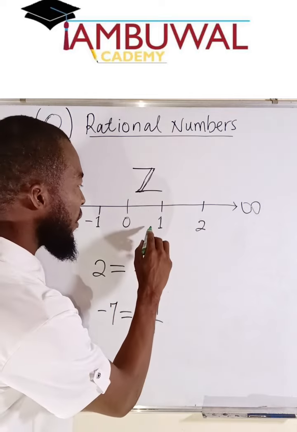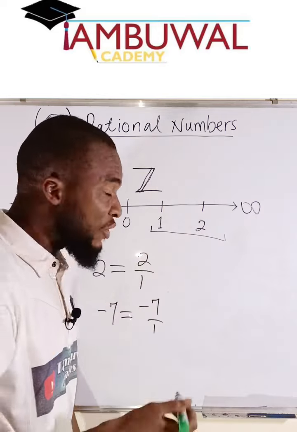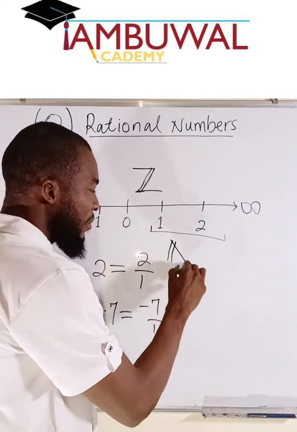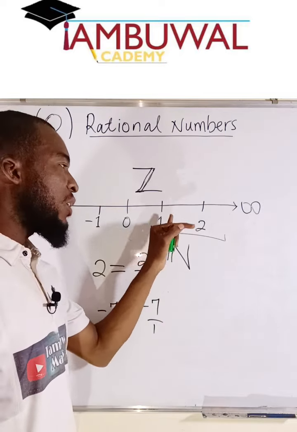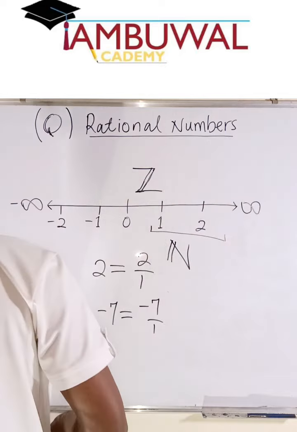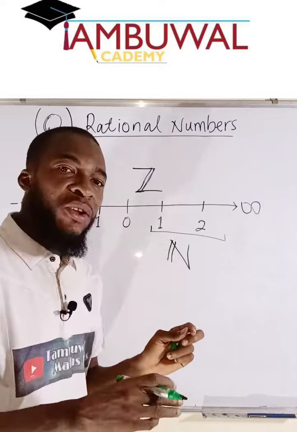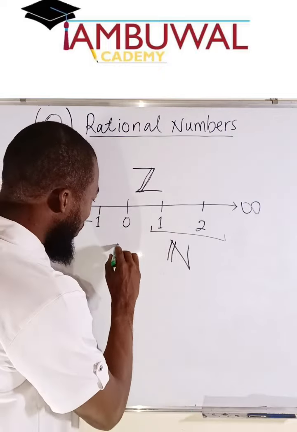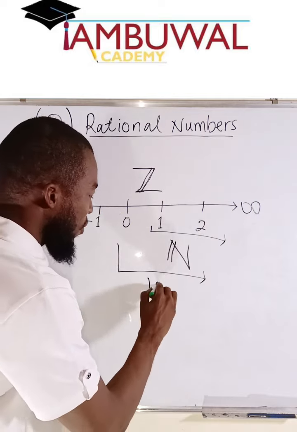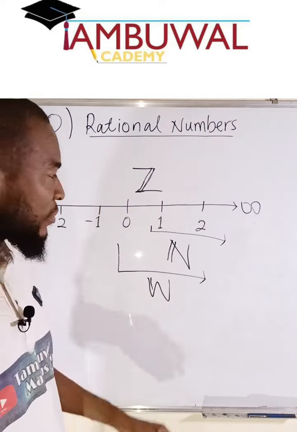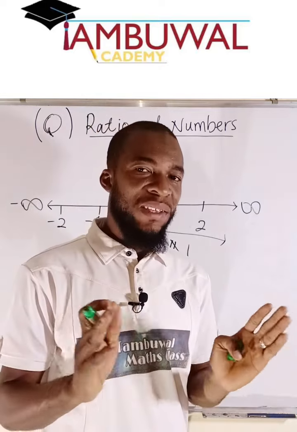We have no problem with natural numbers, because I told you natural numbers are the counting numbers, denoted by N, that start from what? 1, 2, 3, 4, 5, 6, 7, 8, 9, 10, and so on. And whole numbers are the numbers that begin with 0. So from here to this direction are called the whole numbers, right? And if you go to the left-hand side, you have only the negative integers.